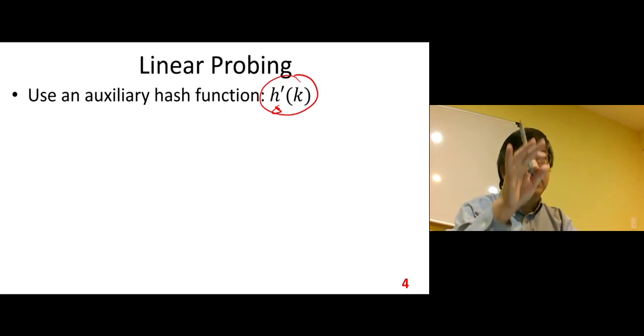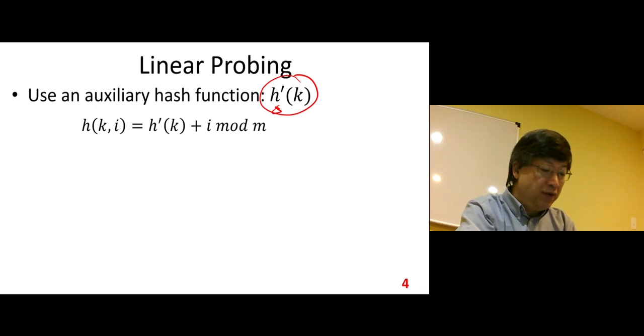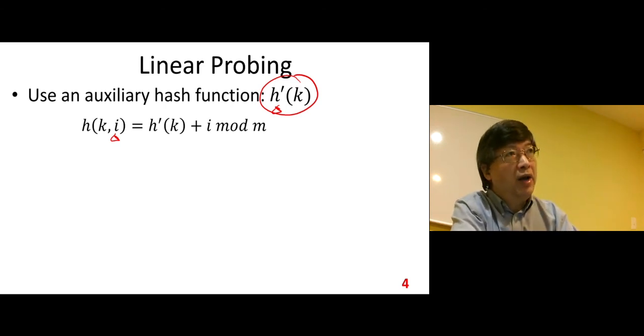Then we will use it to build our real hash function in this way: h of two variables, the key k, the first parameter, then the number of tries i, the second variable.